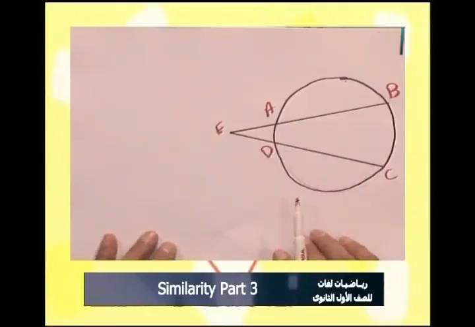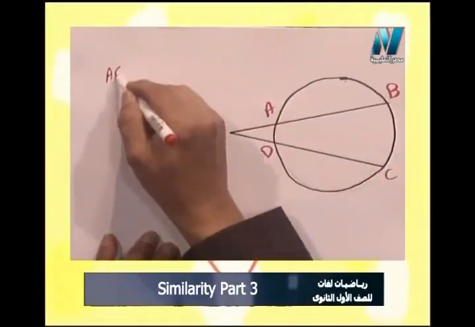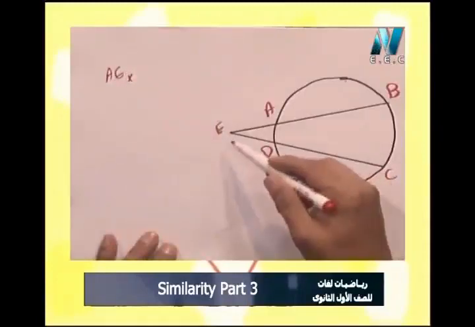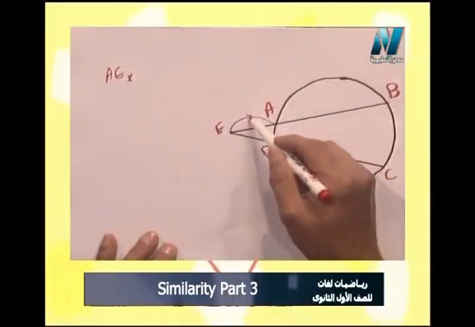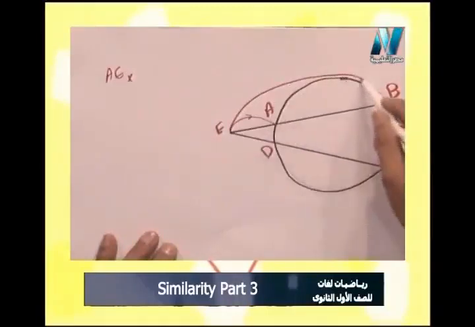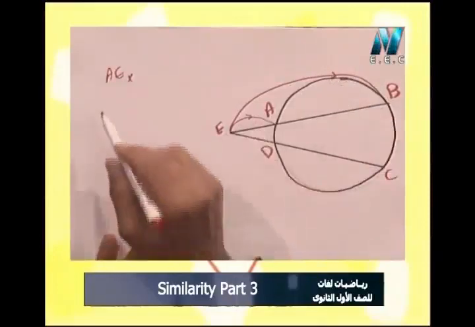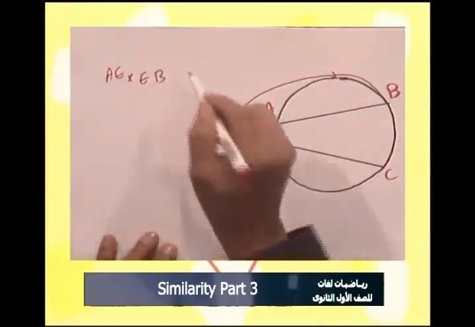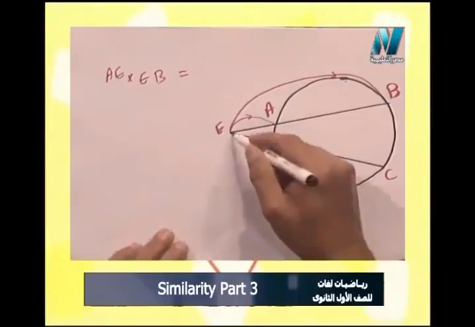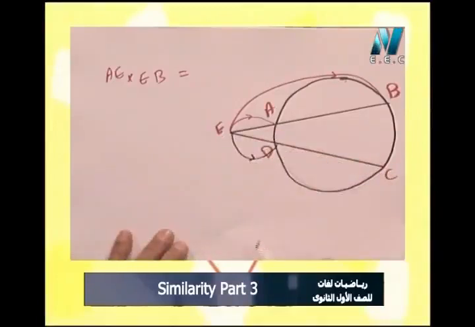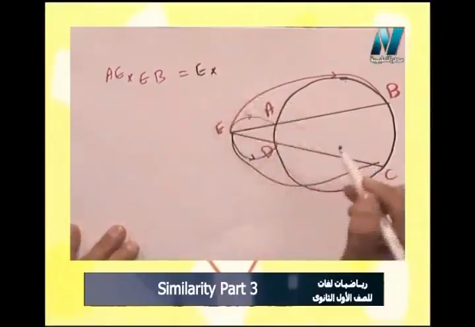And we know that if we multiply EA, concentrate with me, EA multiplied by EB will be equal to the other part, which is ED multiplied by EC, ED times EC.